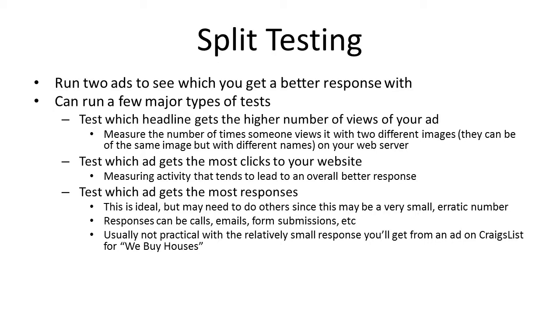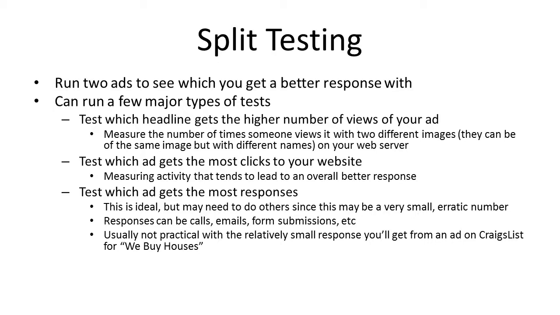What you do is you post an image in each one of the ads. They have to be 2 different images coming from your web server, so that you can measure how many times your web server was hit for that particular image, to see which one had the most loads. Now they could be the same image itself.